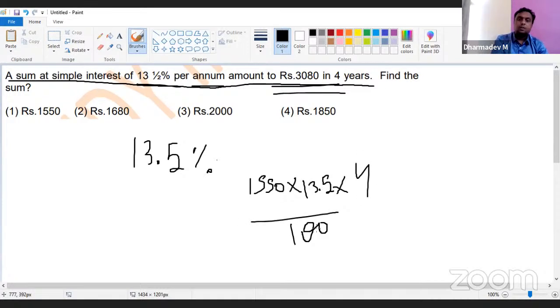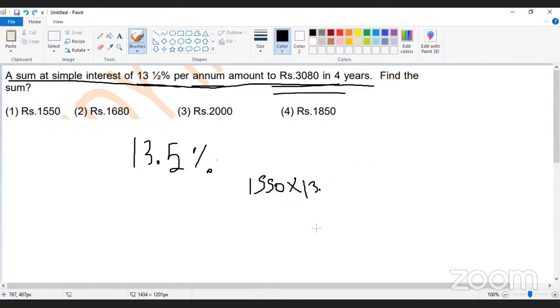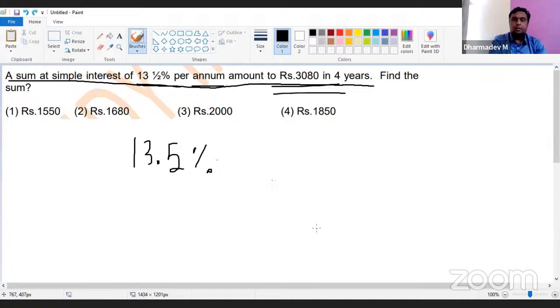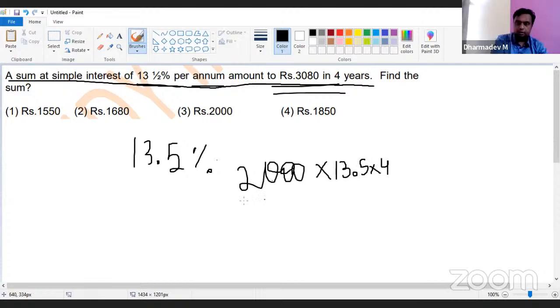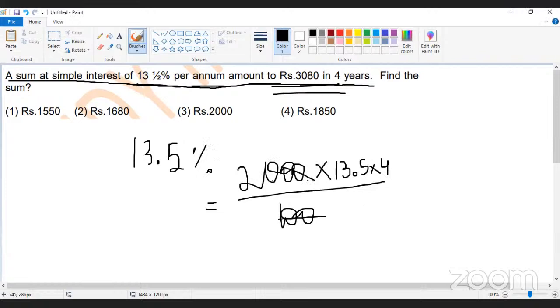Fine. Any other way? I got 1080 for 2000, and then you take 2000 plus 1080 and you get 3080, taking it for 4 years. Yes, sir, it's option 3.